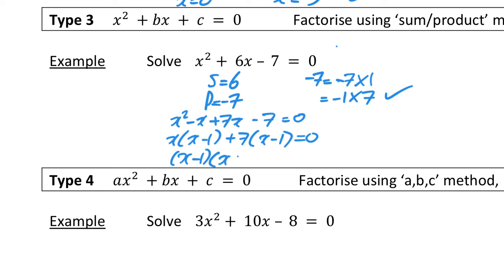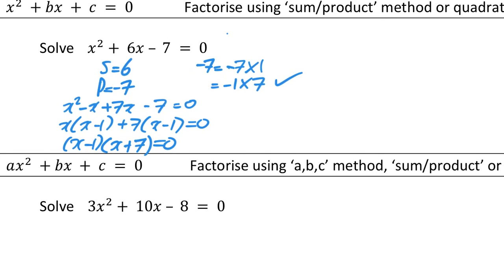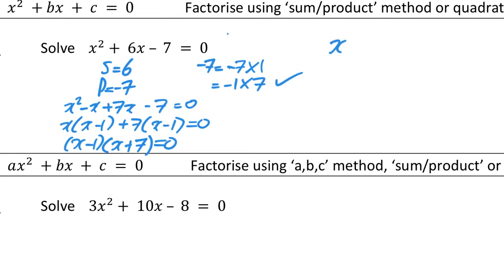So that's what goes in your next bracket. So x minus 1 upon x plus 7 equals 0. That means x minus 1 is equal to 0, which means x is equal to 1. Or you could have x plus 7 is equal to 0, which means x is equal to minus 7.